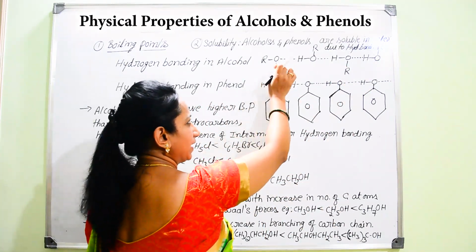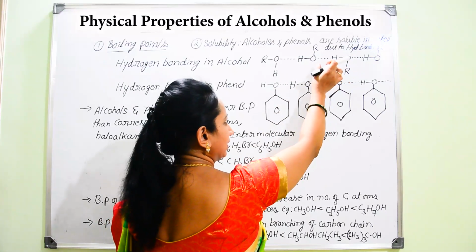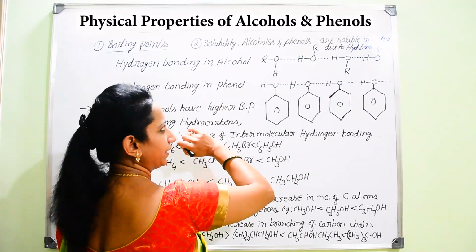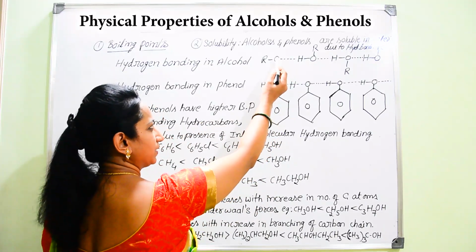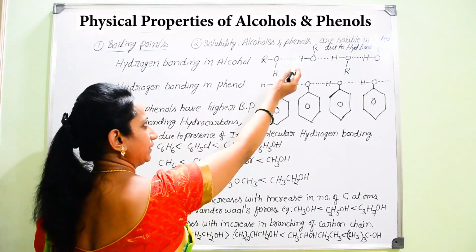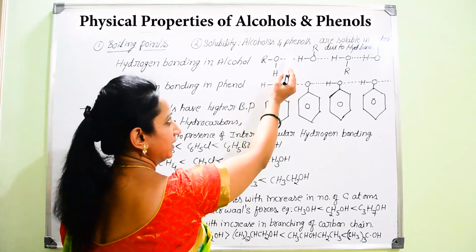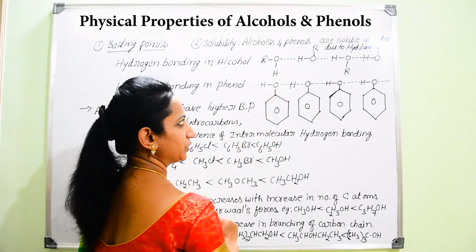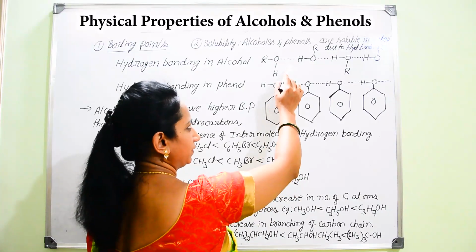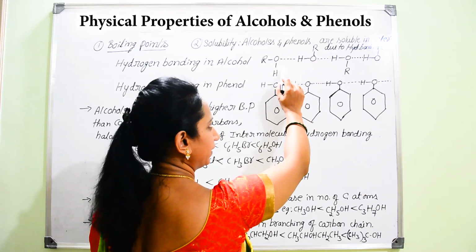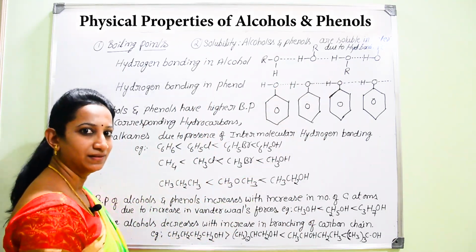If you consider the nearby molecules, they can make intermolecular hydrogen bonding, that is between the oxygen atom of one molecule and the hydrogen atom of the neighboring molecule. So there is an existence of intermolecular hydrogen bonding in alcohols.